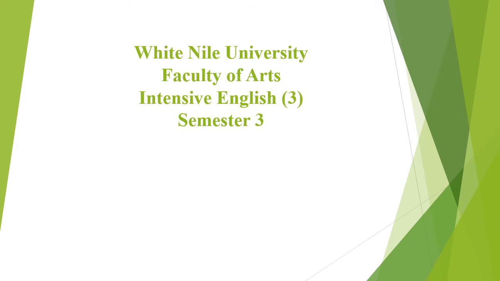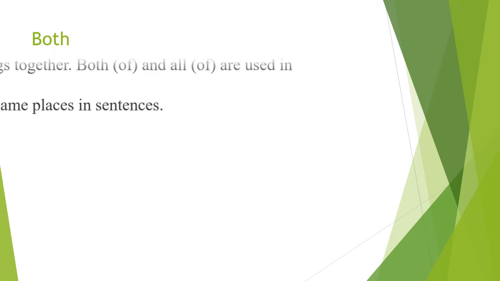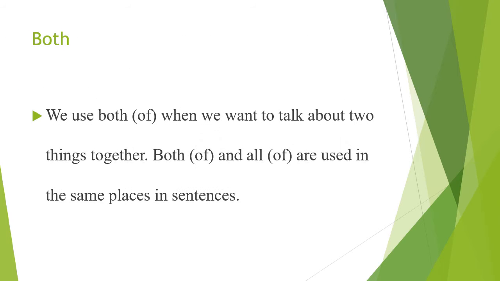In the last lecture, we have already learned some parts of the quantifiers. Today, we are going to continue talking about the grammatical term that is quantifiers. Let us start with the term both.